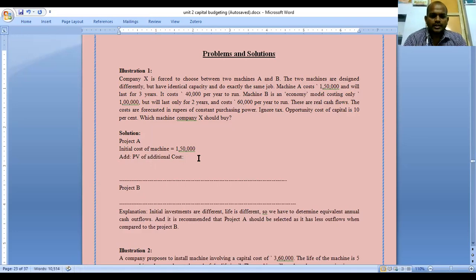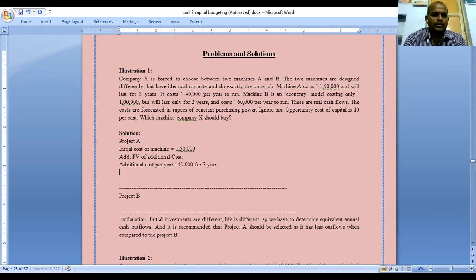So additional cost per year is 40,000 for 3 years. Present value of annuity factor for 3 years at the rate of 10%. So 10% is the cost of capital.